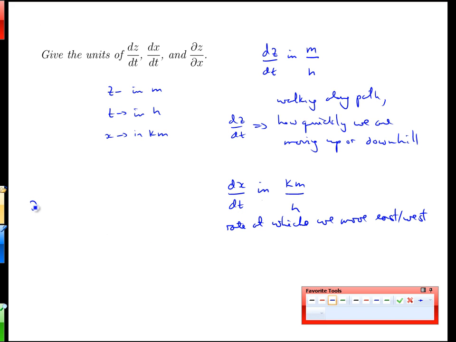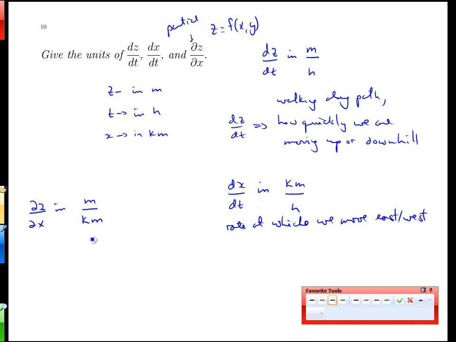Last but not least, what would the partial derivative del z del x be? Notice this is partial because z is a function of x and y, so we need a partial derivative here. That partial derivative is in meters per kilometer. And that might freak some people out.